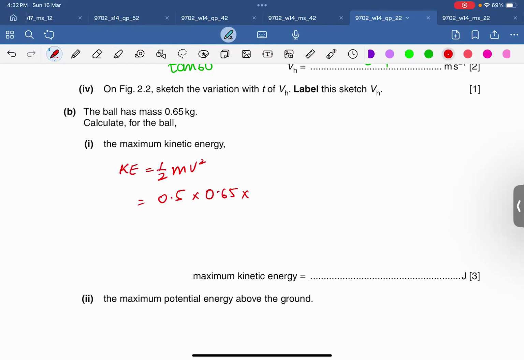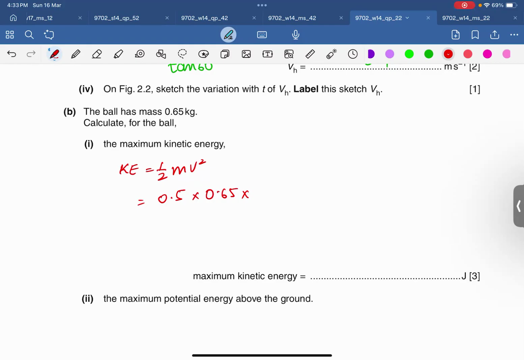Which velocity do we take for the max kinetic energy? Sir, horizontal. Horizontal. Why horizontal? Any reason? Because the horizontal component is not zero.